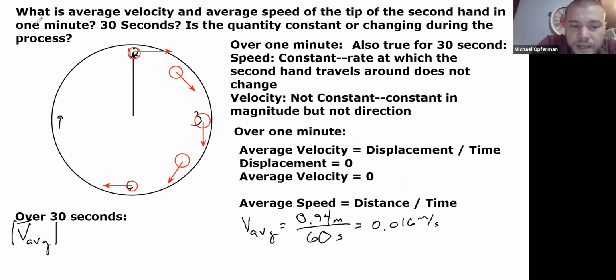So the magnitude of the average velocity vector is going to be the displacement over time. So over 30 seconds, the displacement is going to be the 30 centimeters or 0.3 meters over 60 seconds. So that's going to be 0.005 meters per second.